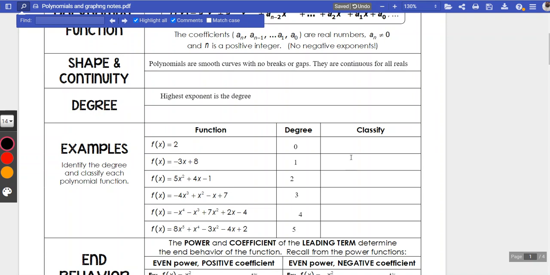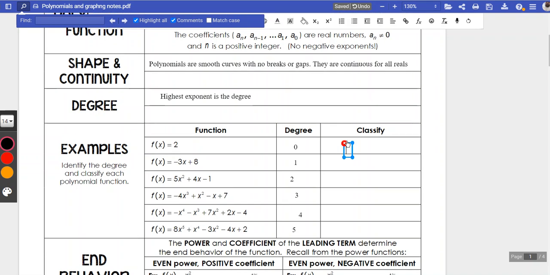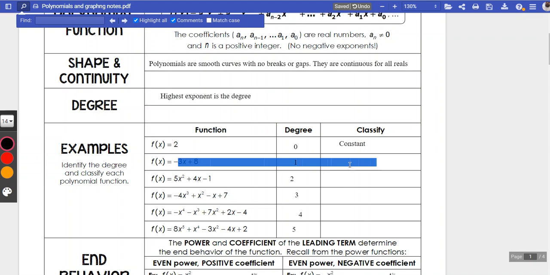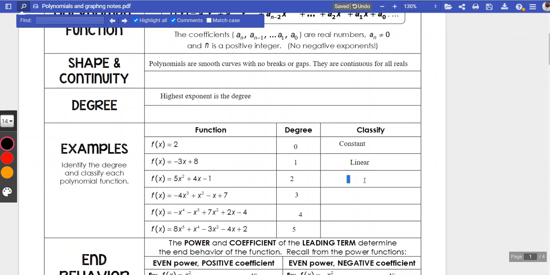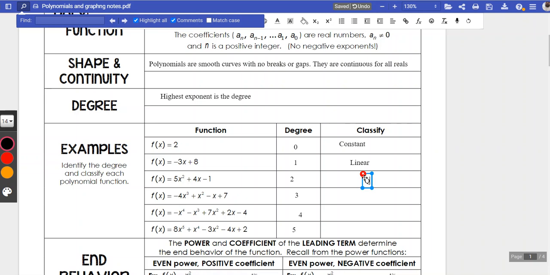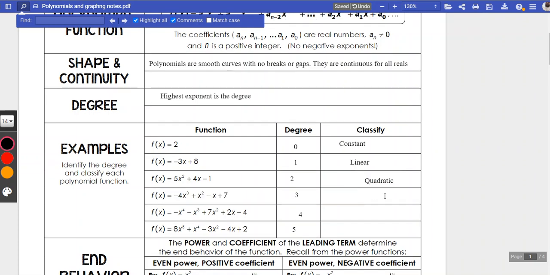Okay? Now, a polynomial of degree 0, you should remember, is a constant. Polynomial of degree 1, well, that's easy. That should be a linear. Polynomial of degree 2, you could say is a quadratic. Polynomial of degree 3, but you don't know what that one is.